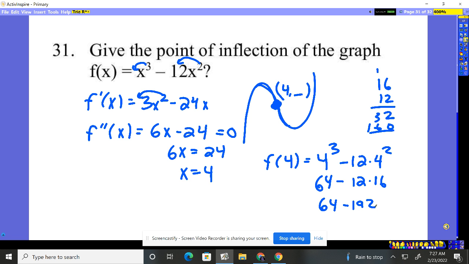And that will tell us our spot, which if we subtract 64, gives me a little 8, negative 128. Of course, you'd be grabbing Mr. Calculator, but sorry, I don't have one. So the point of inflection is at the point 4, negative 128.